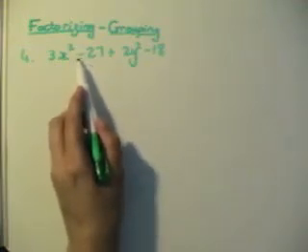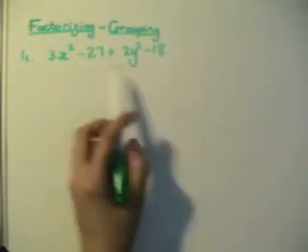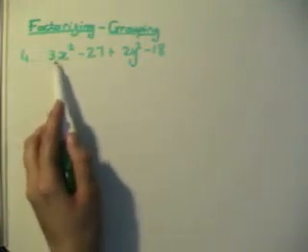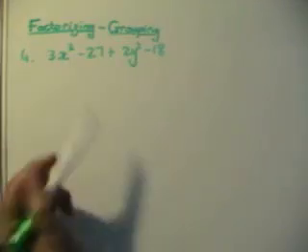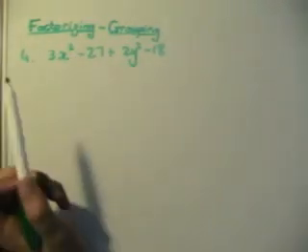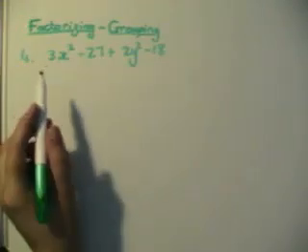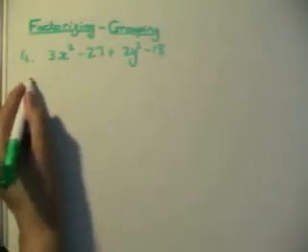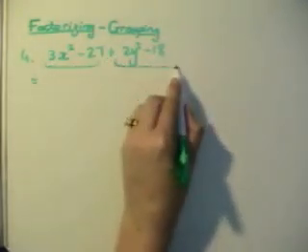Well, actually you can try to add these minus 27 and minus 18 with one another, but then you have a 3x squared plus 2y squared, which you can do nothing with, and a number which you can also do nothing with. So it might be a better idea to do grouping here.